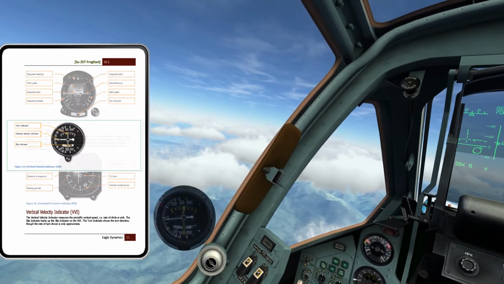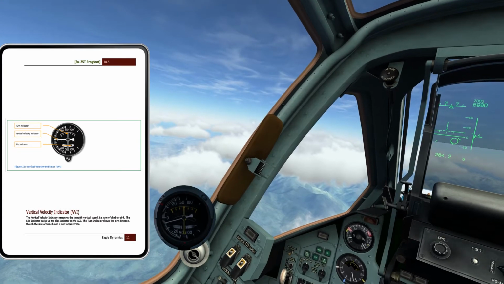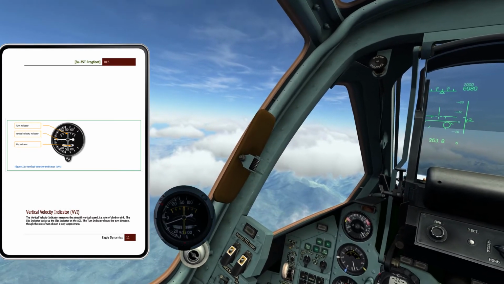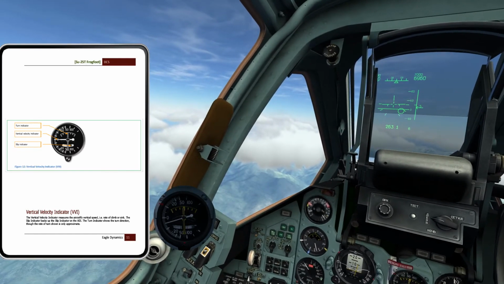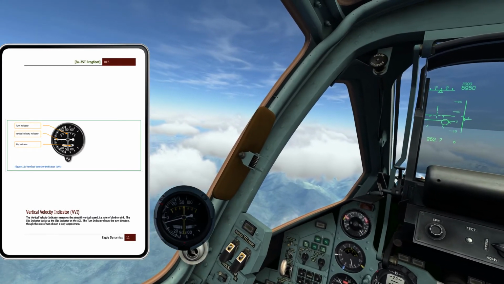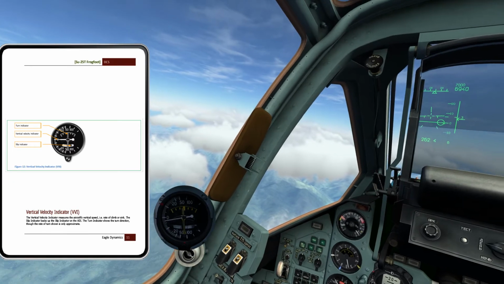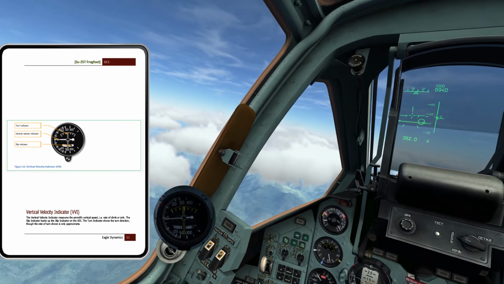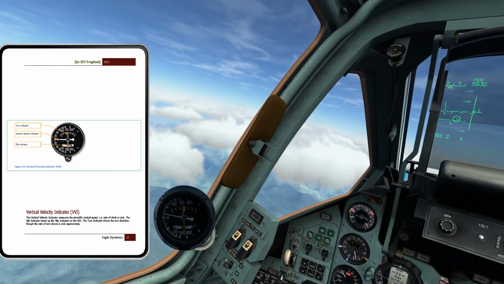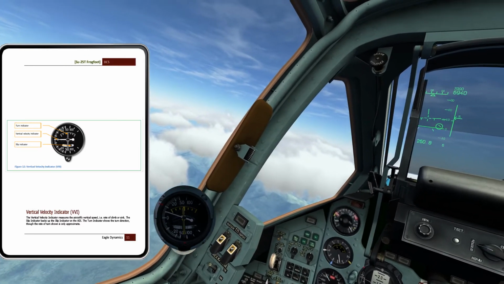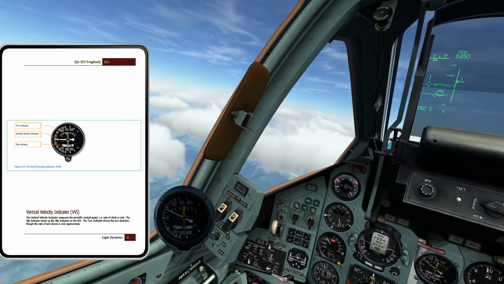Okay, let's cover the vertical velocity indicator, VVI. The vertical velocity indicator measures the aircraft vertical speed, rate of climb, or sink. The slip indicator backs up the slip indicator on the ADI. The turn indicator shows the turn direction, though the rate of turn shown is only approximate.